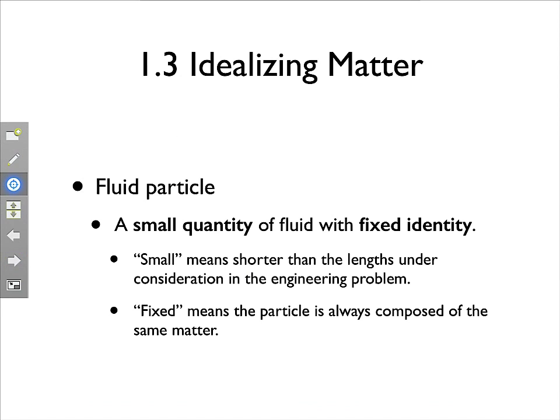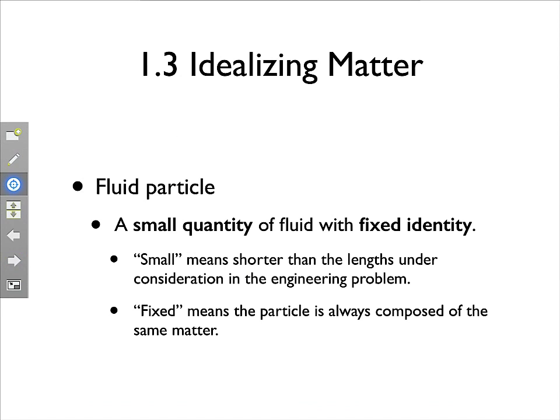So moving on, one of the key concepts that we use in engineering is that of a fluid parcel. A fluid parcel is a small quantity of fluid with a fixed identity. What do we mean by small? Small means smaller or shorter lengths than the lengths under consideration. A good example of this might be an irrigation channel that is maybe 10 meters across and 3 meters deep.